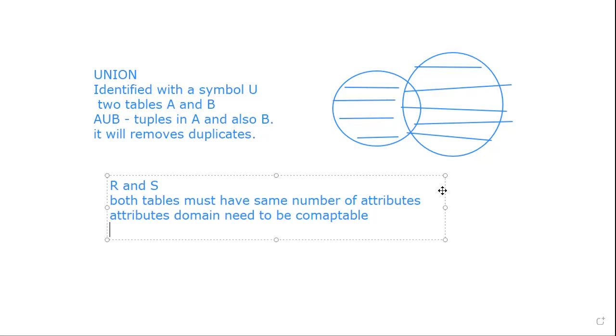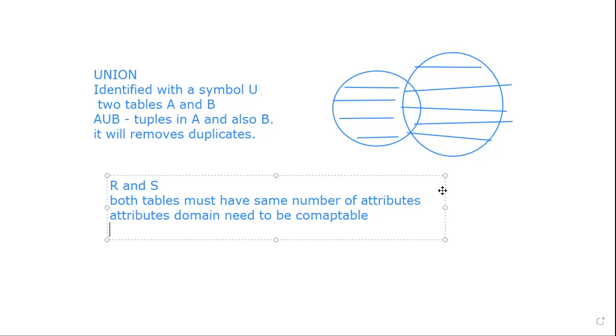That is called the domain. If you take an attribute from R and an attribute from S, both attributes' domains have to be compatible, meaning both values should be comparable. That is the second condition.